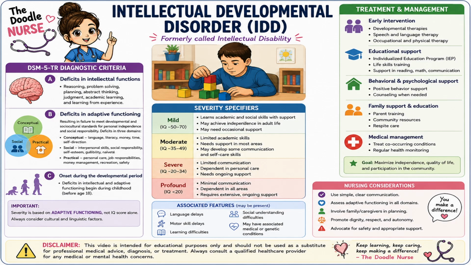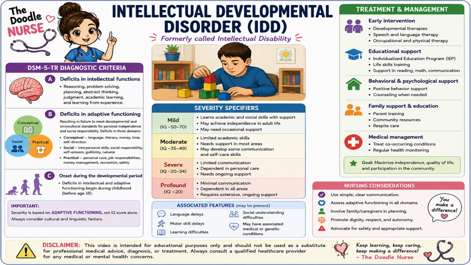Difficulties in this domain may require varying levels of support throughout life. Now, the third diagnostic criterion is onset during the developmental period. Symptoms must begin during childhood or adolescence and cannot be explained by a condition that develops later in life.